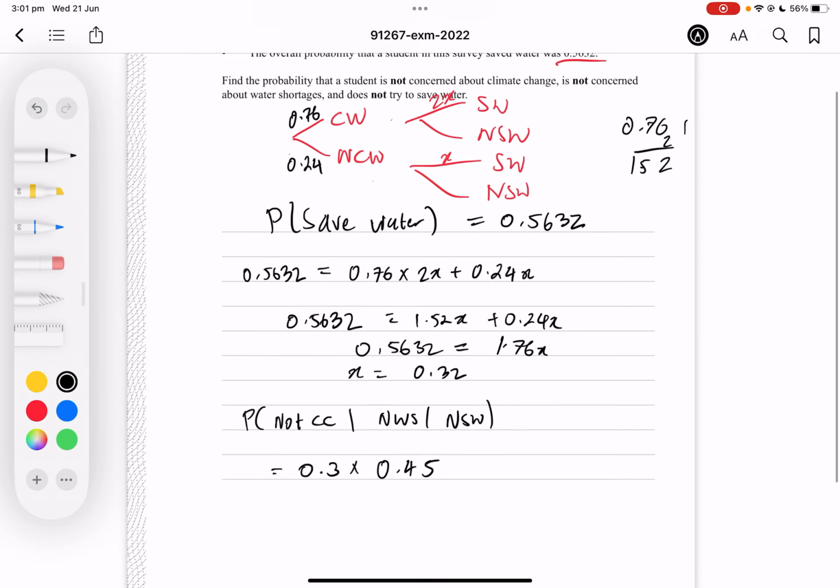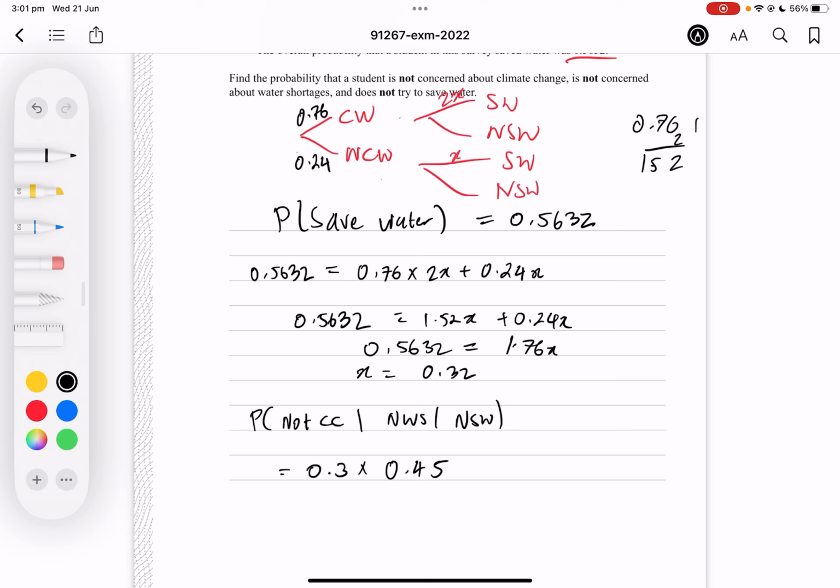And then we need to multiply by the value of not saving water, and we have 1 minus x there, and 1 minus x is 0.68, so 1 minus 0.32. So this is 0.3 times 0.45 times 0.68, and that is equal to 0.0918.